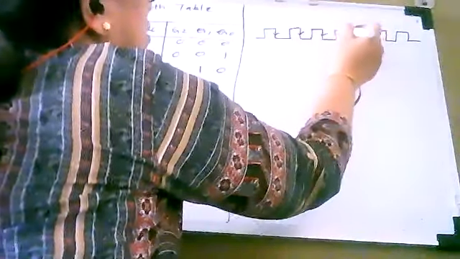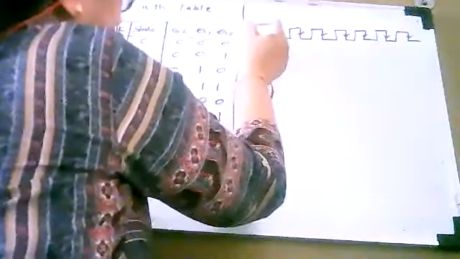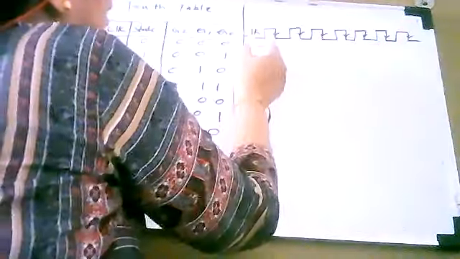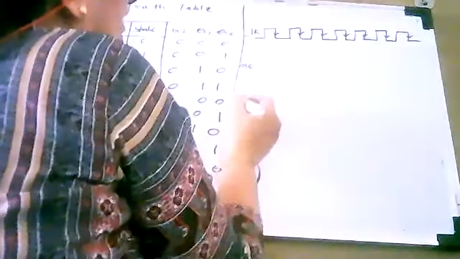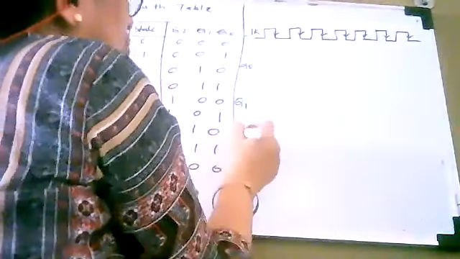There are 0, 1, 2, 3, 4, 5, 6, and 7 states. So this is your clock. After this, you have to draw Q0, then Q1, and then Q2.